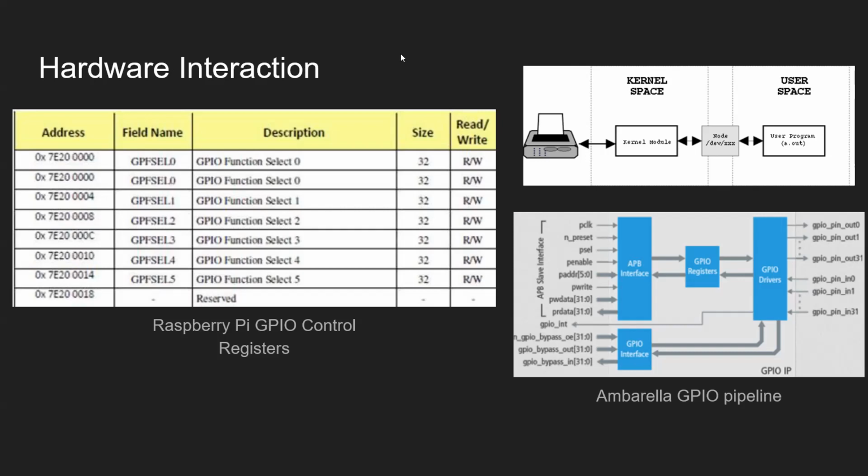Another example is in the top right, a more abstracted version. If you need to talk to a printer, you don't really know how that printer works, but there are drivers that your computer already has that allow your kernel to talk to the printer.